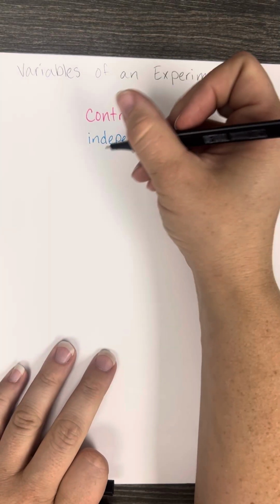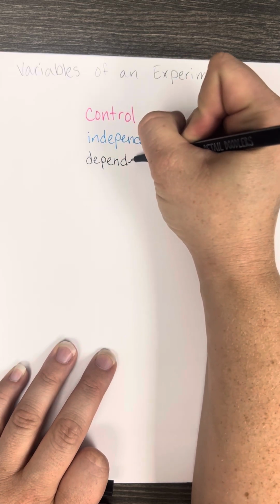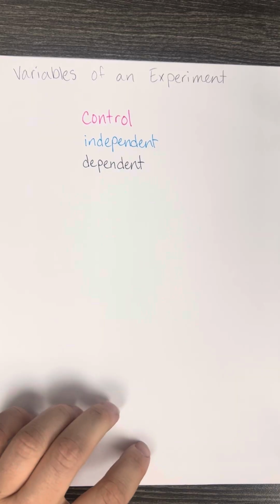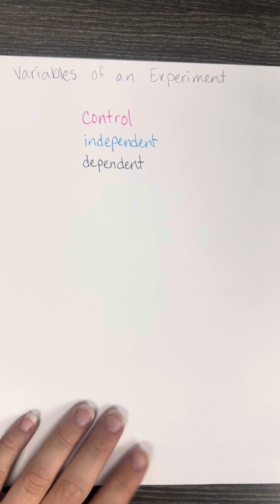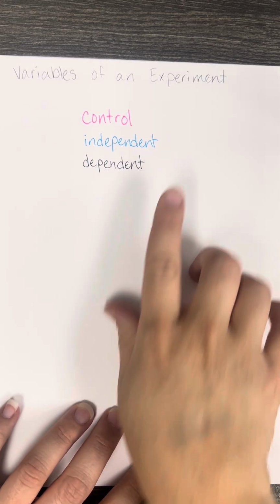So a variable is anything that changes, right? Or all the different factors that go into the outcome of an experiment. Okay, so these are all different kinds of variables right here.